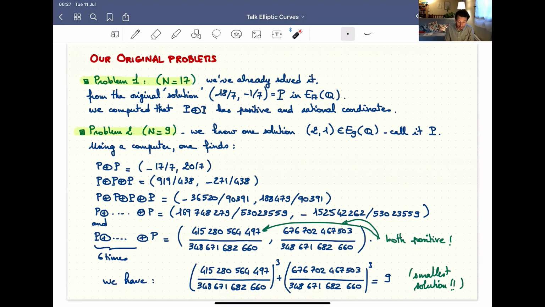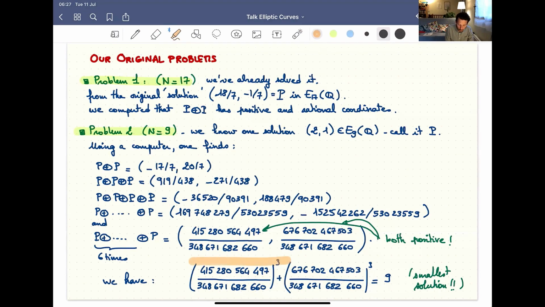Then you can check on a computer that the cubes of those two coordinates sum to 9. So maybe I should pause here. This is this solution here.